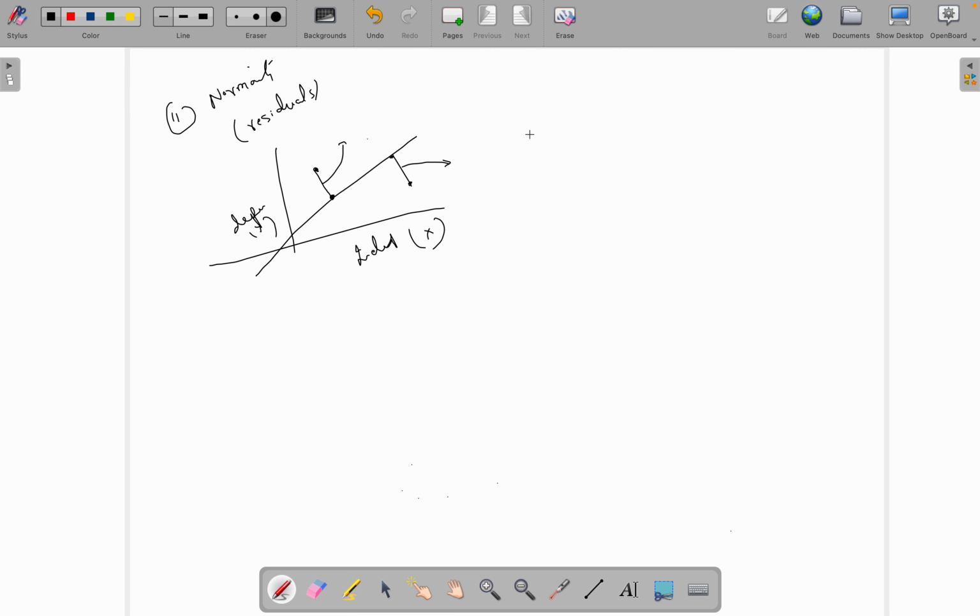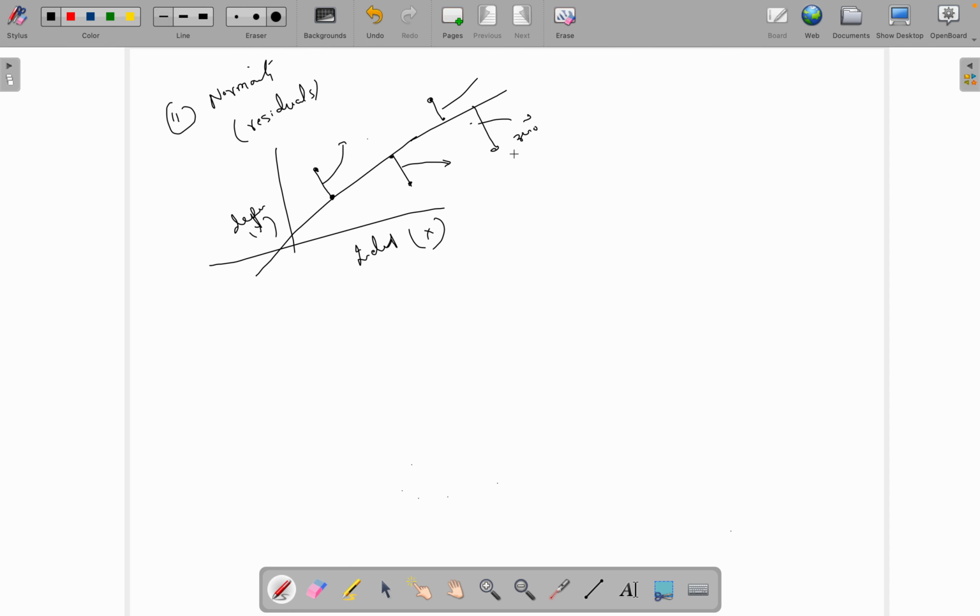The residuals should be normally distributed, and the regression line is fitted to the data such that the mean of the residuals is 0. Suppose I have other points here; the mean of all these residuals should be 0.